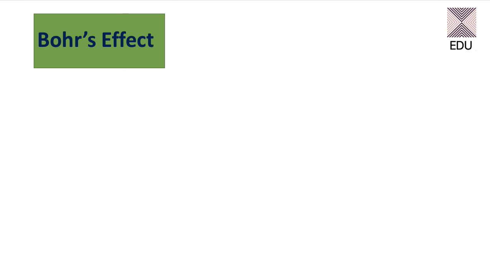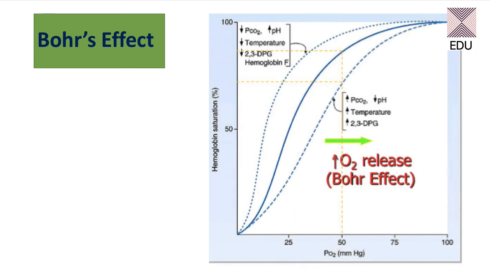So the efficiency of hemoglobin decreases if the partial pressure of carbon dioxide is increased. The increase in the partial pressure of carbon dioxide typically shifts the oxygen equilibrium curve to the right side.